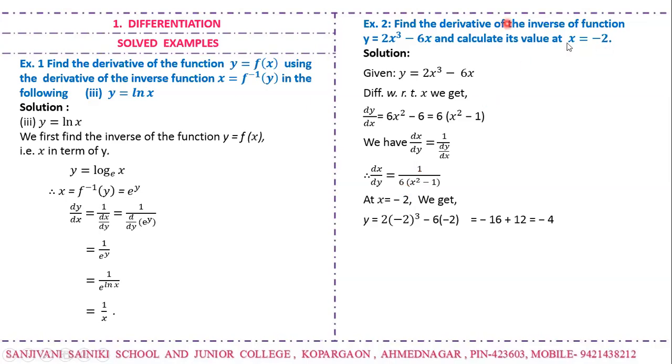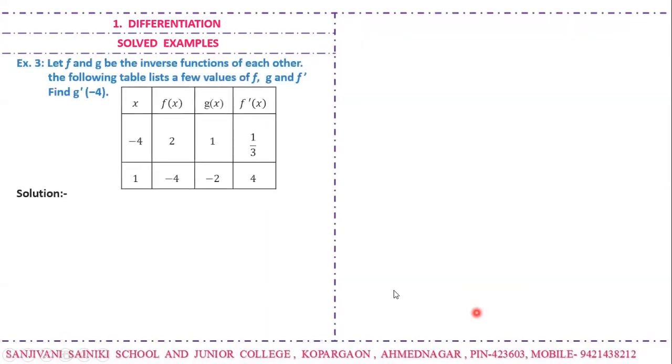So put x is equal to minus 2, which means y is equal to 2 times minus 2 cube minus 6 times minus 2. So what is y? Y is minus 4. So dx by dy at y is equal to minus 4 is the same as 1 upon dy by dx at x is equal to minus 2. So the derivative is 1 upon 18.